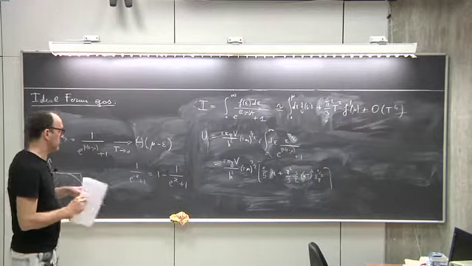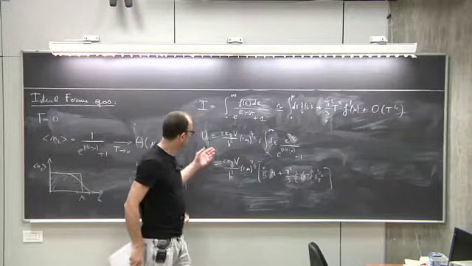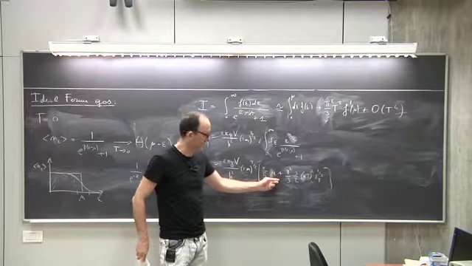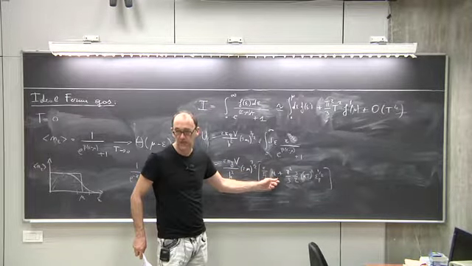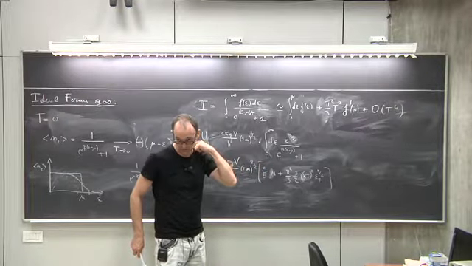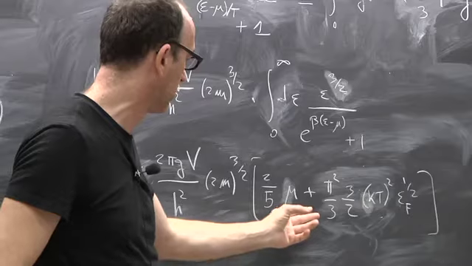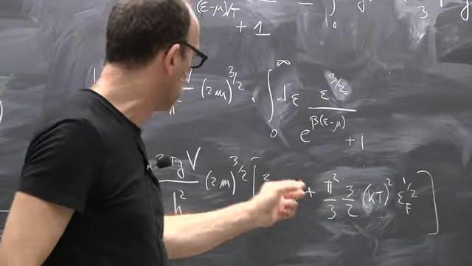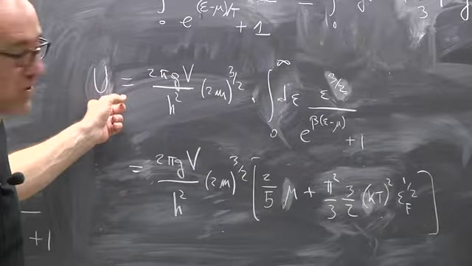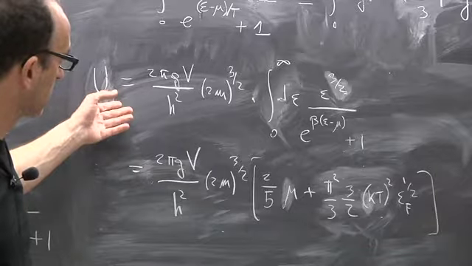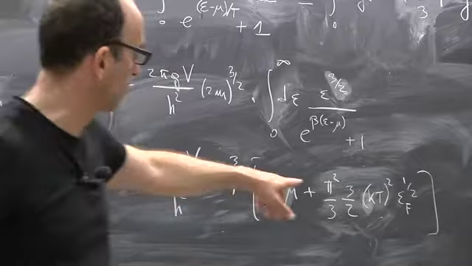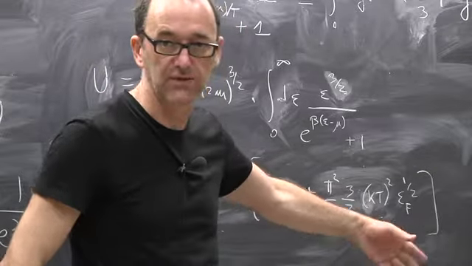So the important point which I want to stress is that now you can express the chemical potential as a function of n, volume and temperature using the equation which I wrote before. And this gives you the energy as a function of n, temperature, and volume. Okay. So you see that the corrections which you will have to the energy are proportional to kT divided by epsilon f squared.